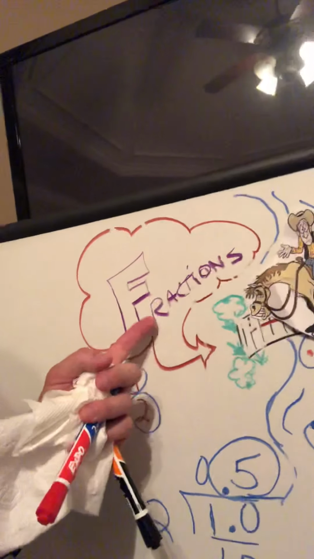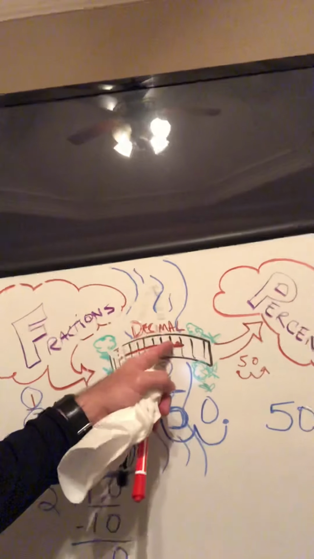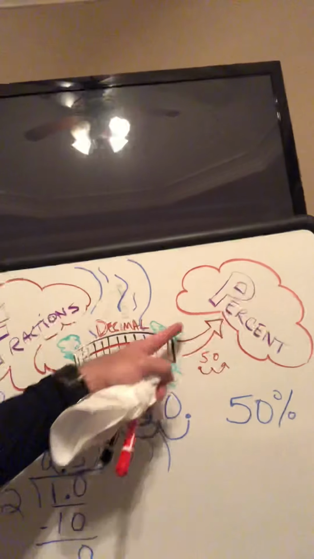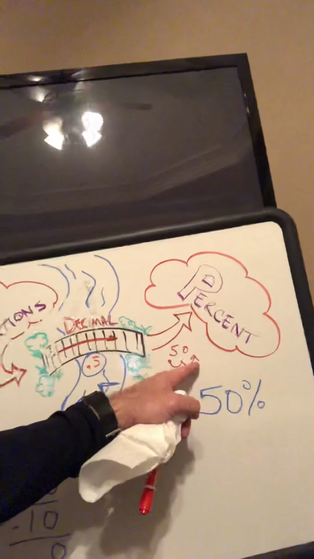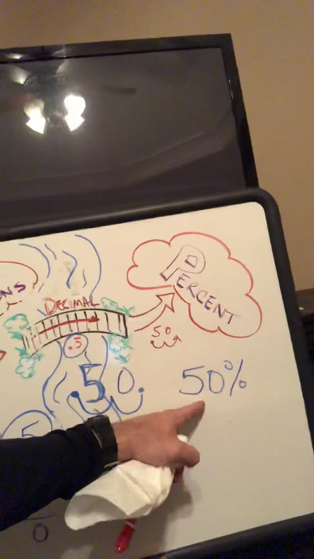Man horse is what you do to convert the fraction into a decimal. Cross over the decimal bridge, convert it to a decimal right there. And as you move off the decimal bridge, when you're headed towards percent, you just have to remember to move the decimal 2 places to the right, and that'll give you your answer.